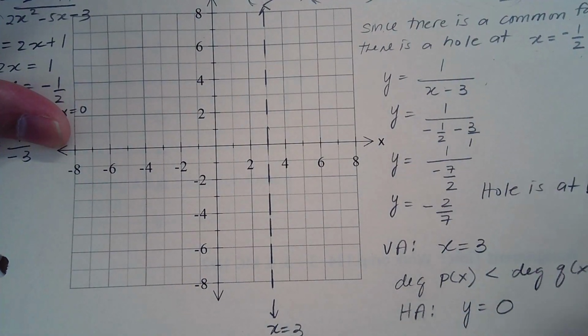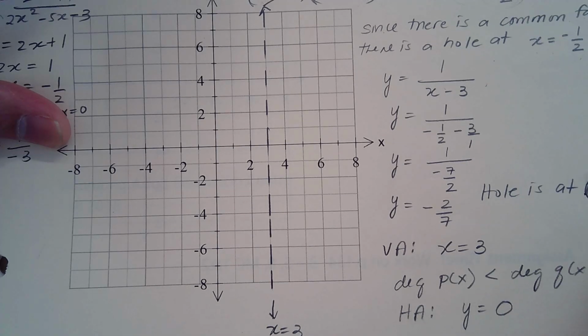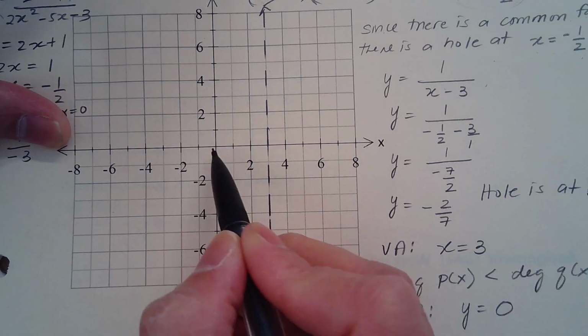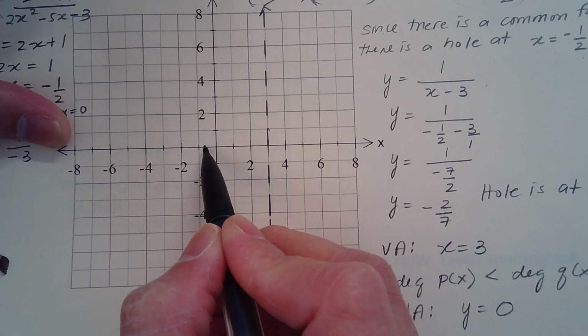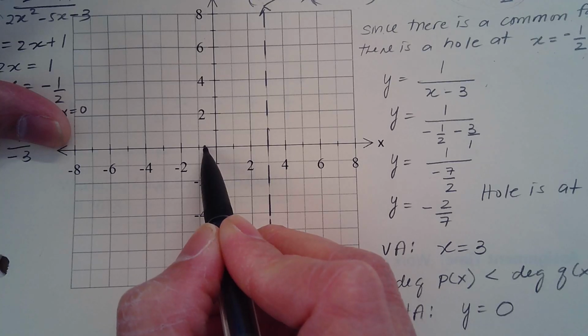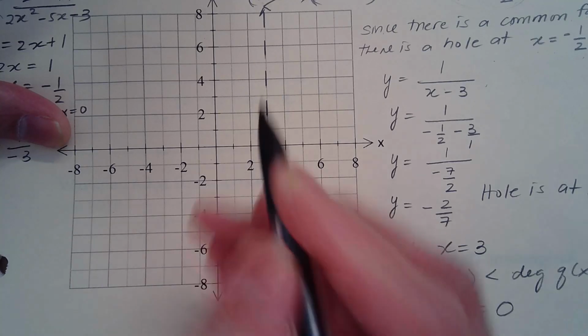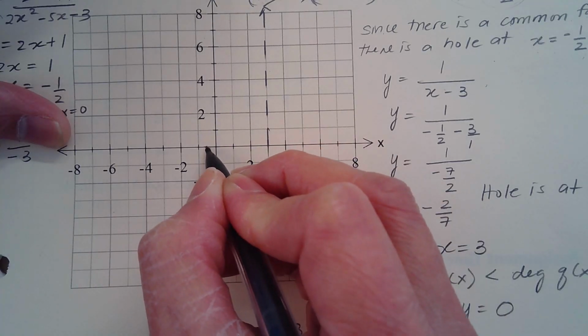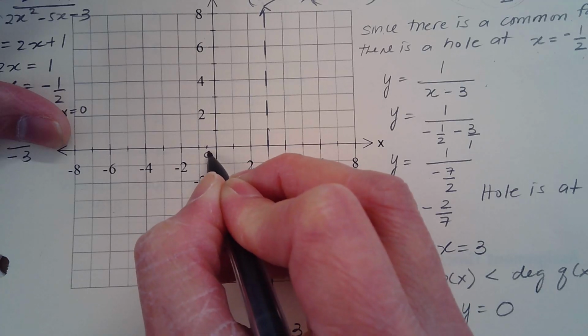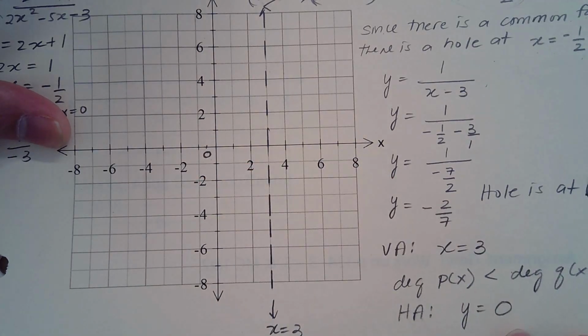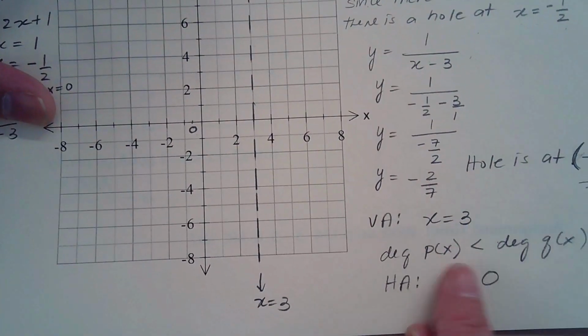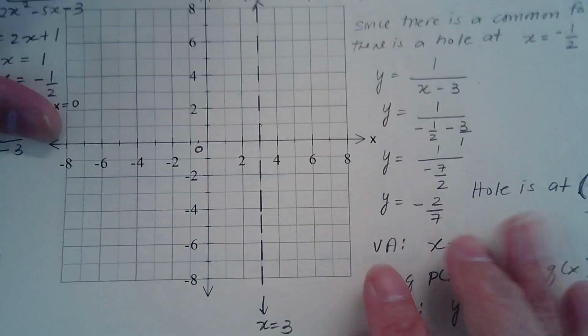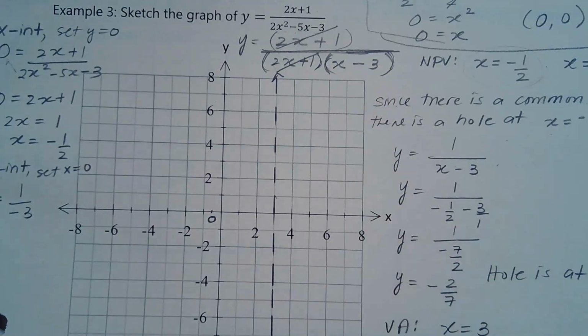There's a hole at negative 1/2, negative 2/7. Negative 2/7 is 0.28. So there's going to be some kind of a hole here, so put a hole there in our graph. Horizontal asymptote is y equals to 0, so let's do that.